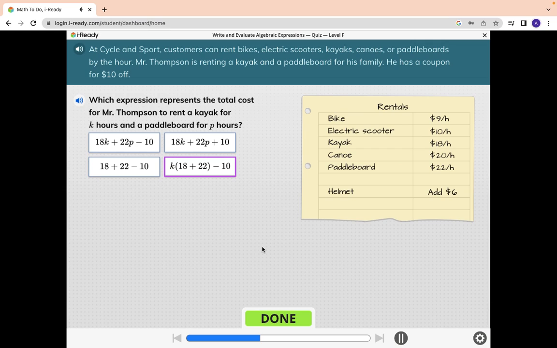So K, the number of hours, times the kayak rate, plus the paddleboard, minus the coupon. The cost of the kayak rental is the hourly rate times the number of hours, 18K. The cost of the paddleboard rental is 22P. The discount, 10, is subtracted from the total.